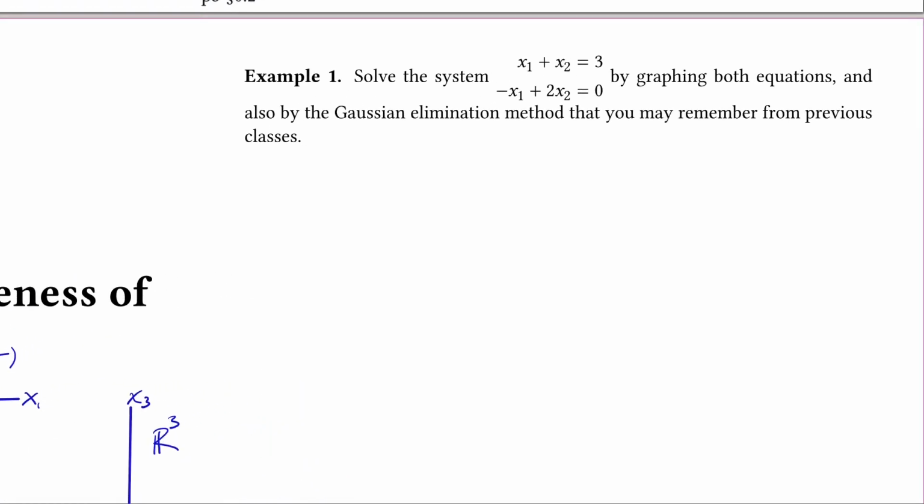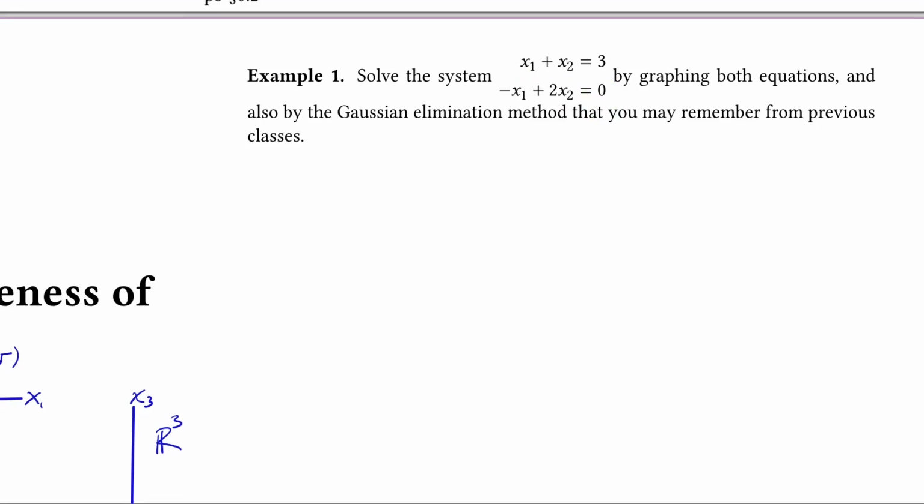So with this system, what we want to find is a value of x1 and x2 that makes both of the equations true. That makes the left hand of the first equation equal to 3 and the left hand of the second equation equal to 0. So one way to do that is by graphing. So again, remember that we're talking about x1 and x2 here.